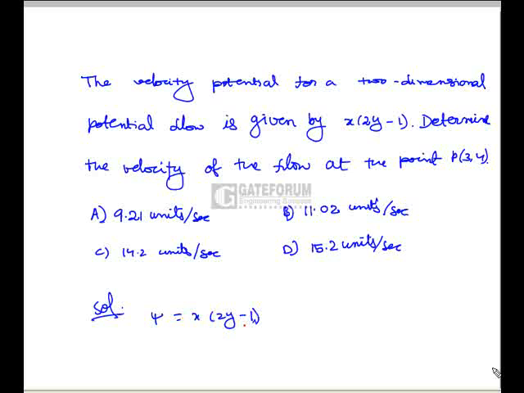To find the velocity of the flow at the point 3, 4, first we have to find the velocity vector. The velocity in x direction is given by minus dou psi by dou x. So it gives minus (2y minus 1), which at y equal to 4 is minus (2 into 4 minus 1), equal to minus 7.